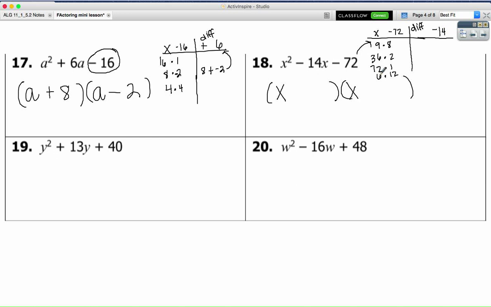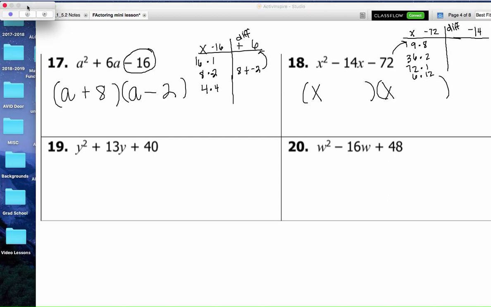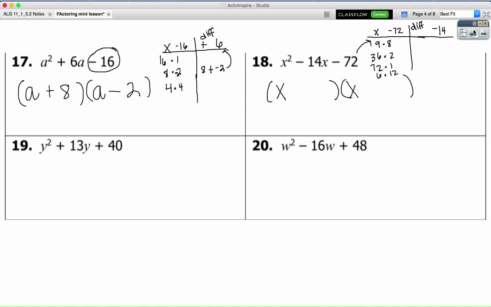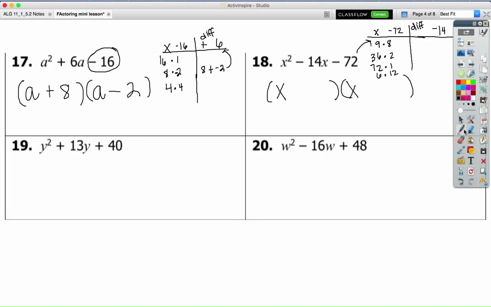Well, out of these combinations, it would not be any of those, so there must be another combination. So I did 72 divided by 18 and found that another combination would be 18 times 4. And so this is going to be the combination.